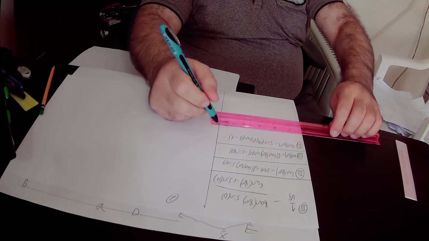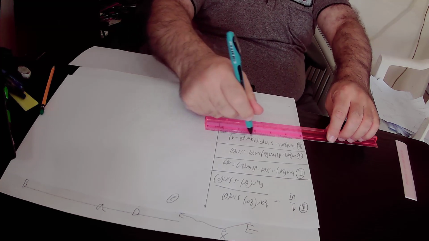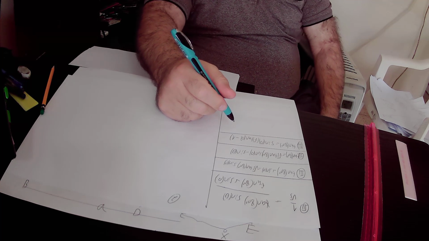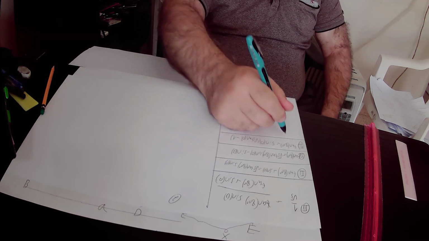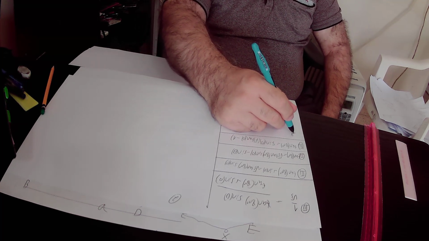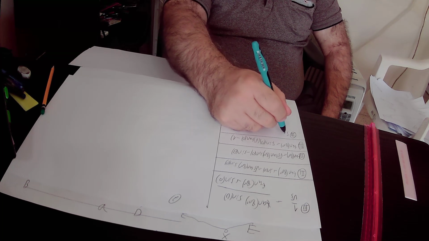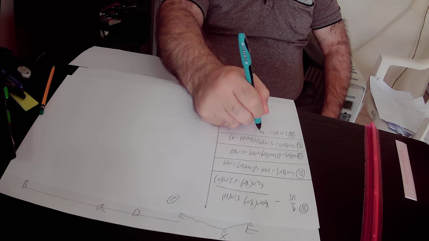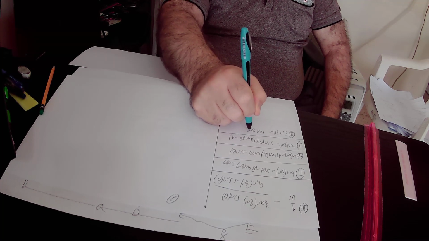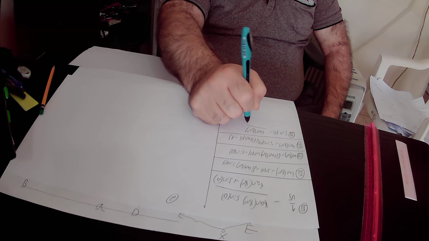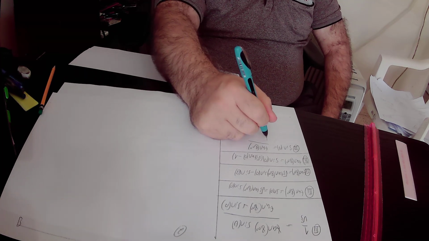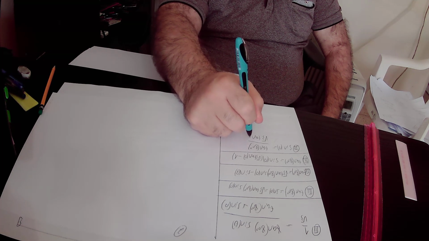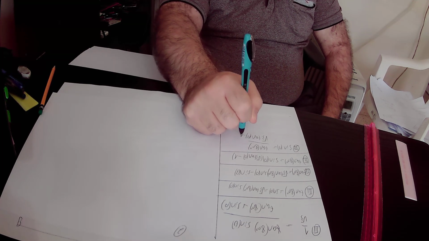Here we will divide equation number 3 by square root of 3 times tan 80 degrees minus 1. And we get that according to equation number 3, sin theta equals tangent 80 degrees over square root of 3 times tangent 80 degrees minus 1.